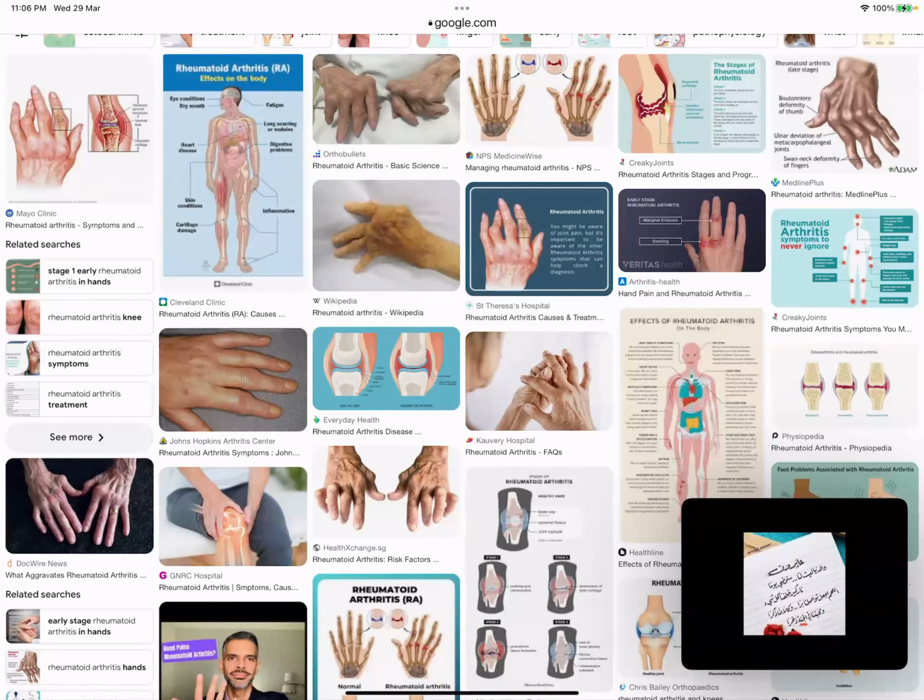Then it is very important to move the joints. In moving the joints, you will have three types of movement.